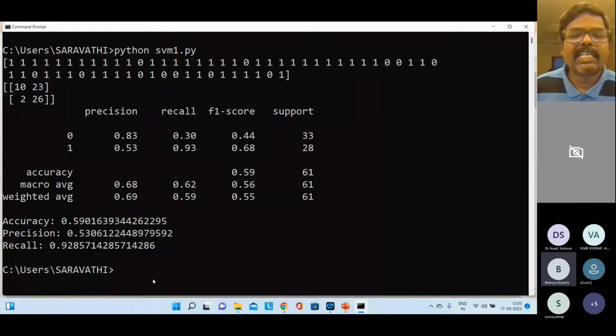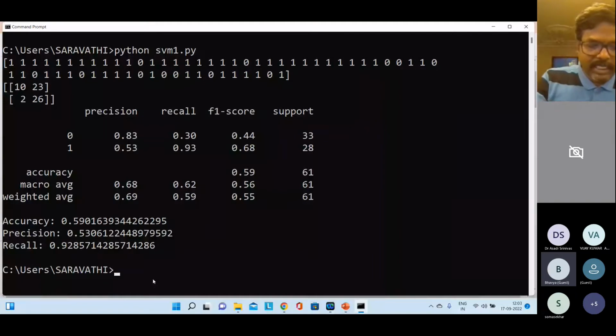It correctly classifies how many patients have severity level. So 33 don't have heart disease and 28 patients have heart disease. So this is the classification we are doing with support vector machine.